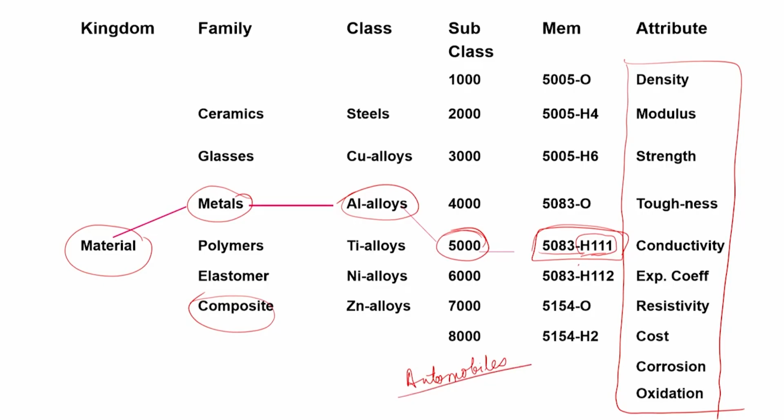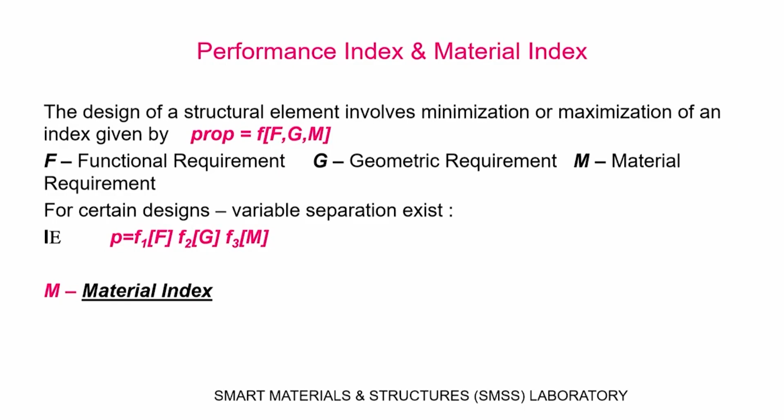Now, let us see what is the process by which we can do this entire thing in a very rational manner. Well, the first important thing is that whenever we design any structural element for a product, it will involve minimization or maximization of an index, and this index property is a function of three things. F is the functional requirement, G is the geometric requirement, and M is the material requirement.